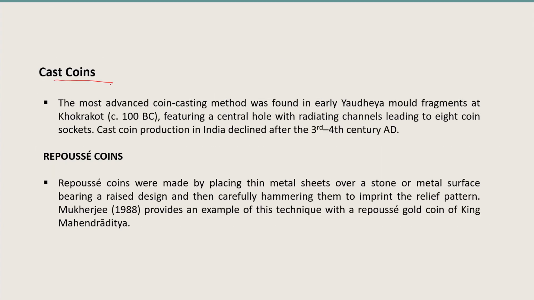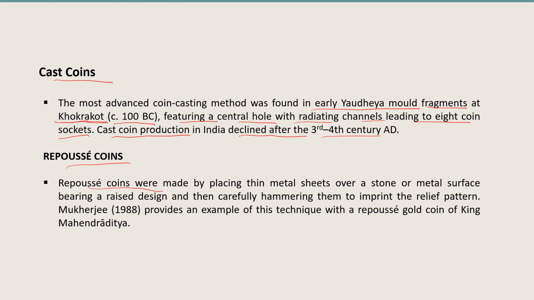Cast coins. The most advanced coin casting method was found in early Yaudheya mold fragments at Khokrakot, 100 BC, featuring a central hole with radiating channels leading to 8 coin sockets. Cast coin production in India declined after the 3rd-4th century AD.